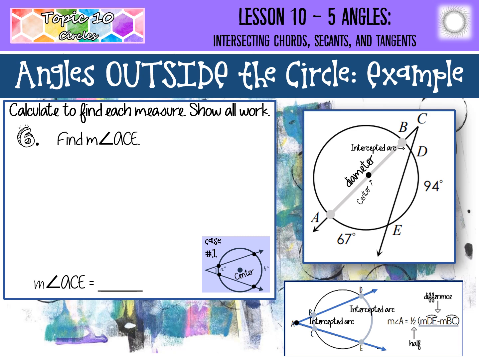And a diameter is going to give us a semicircle. And semicircle is 180 degrees. And we know two of the measures. So if we do 180 degrees minus the 67 minus the 94, we're going to get that intercepted arc, which is 19 degrees.